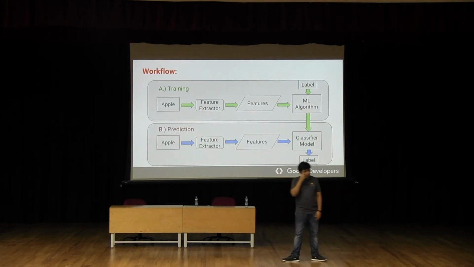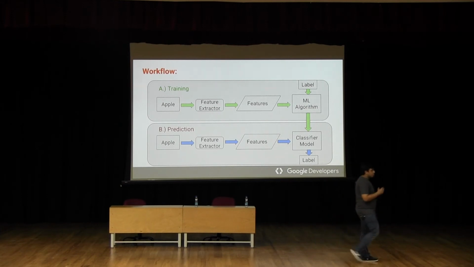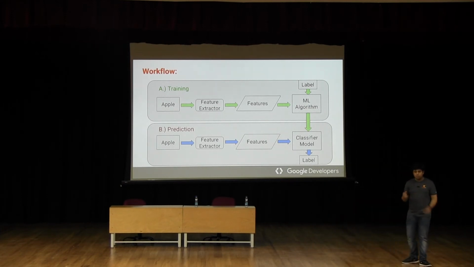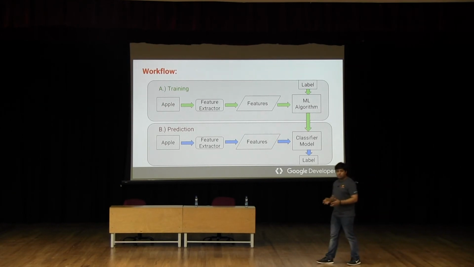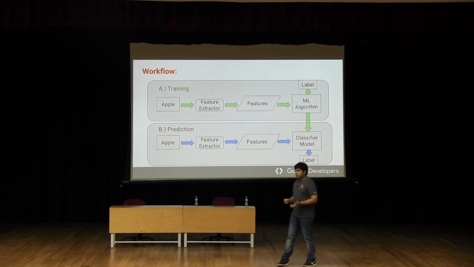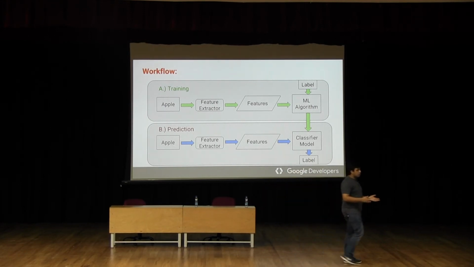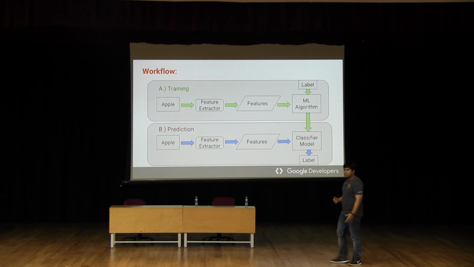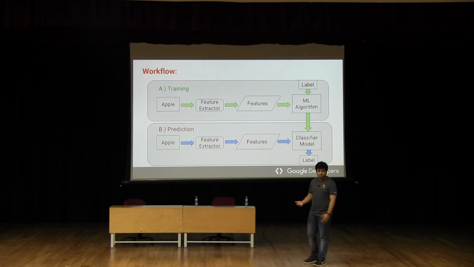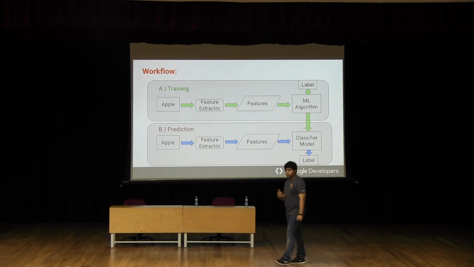The workflow of machine learning looks like this. You start with the first step, which is training. You figure out what your data set is, you extract some features from it, you decide what features are there and not. If you start working with data sets, one of the core things that I'll recommend, and that will be helpful during this hackathon as well as all your life, is: don't trust your data. Data is bad.